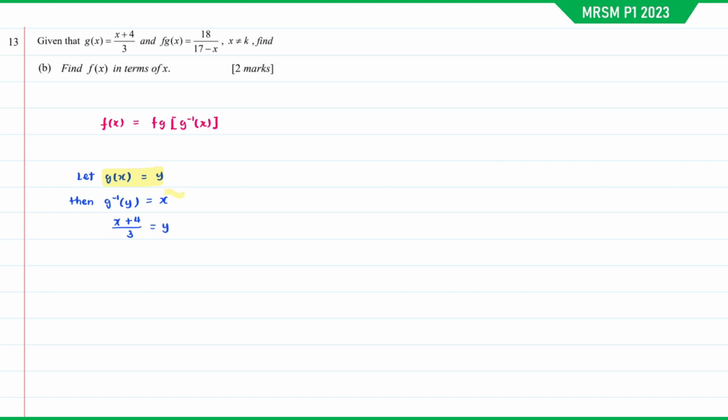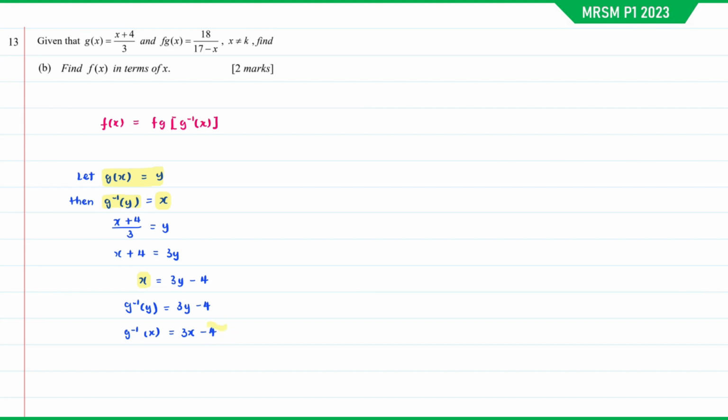To find the inverse, we let x become the subject. So x plus 4 equal to 3y. Next, x is equal to 3y minus 4. Then the inverse g of y is equal to 3y minus 4. The inverse g of x will be 3x minus 4.